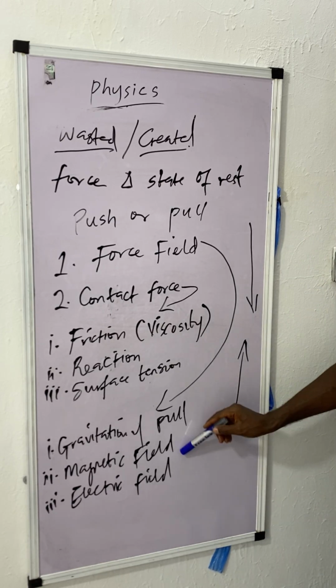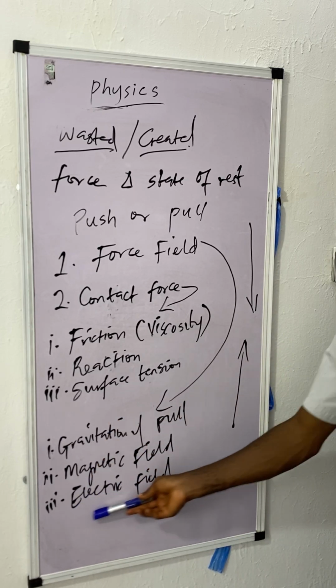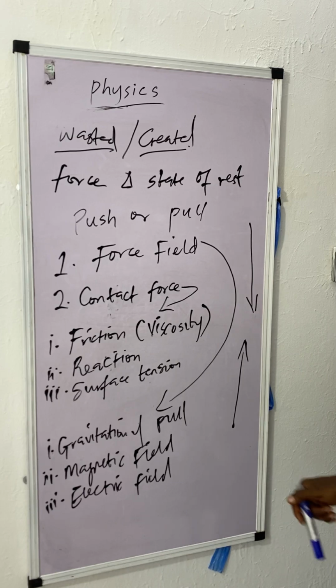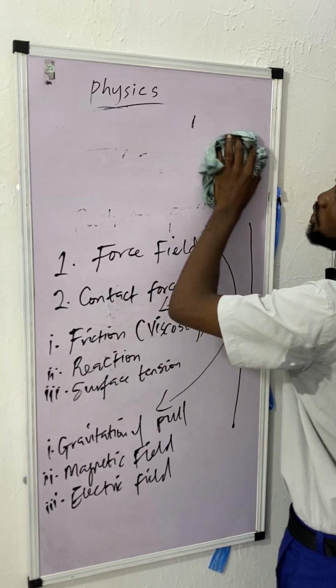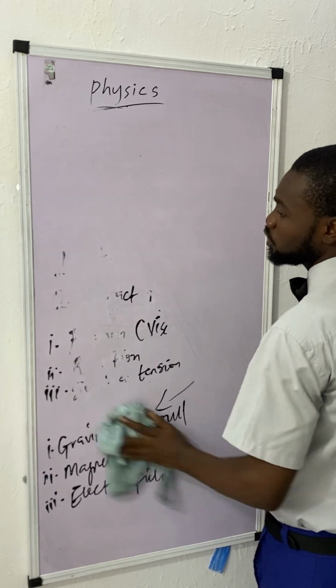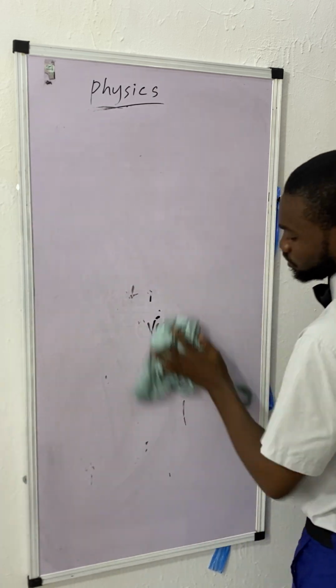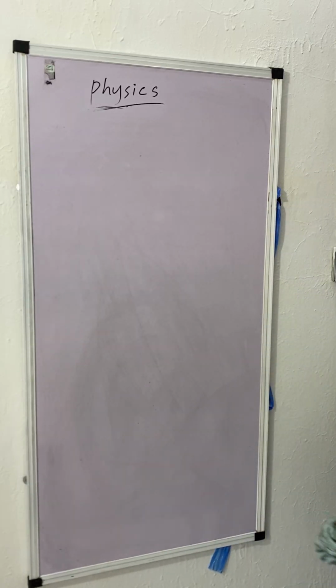What is an electric field? An area where the attraction and repulsion of charge is felt. And you know that electric field and magnetic field can come together to form a phenomenon called electromagnetic field, which is magnetic field plus electric field, or when electric field induces a magnetic field.